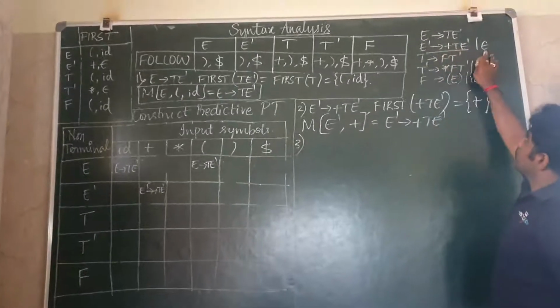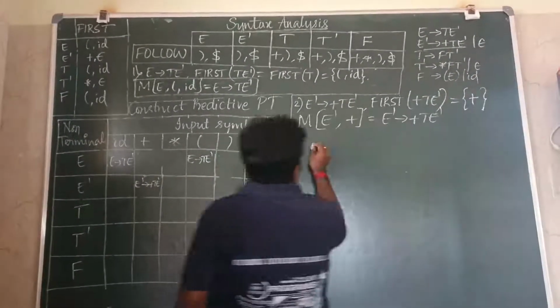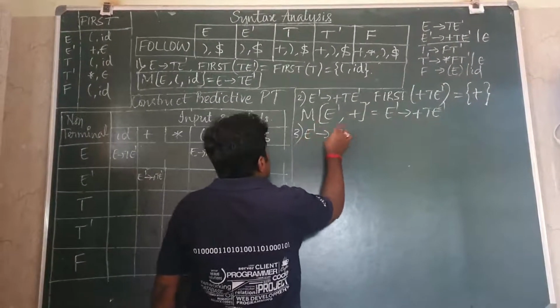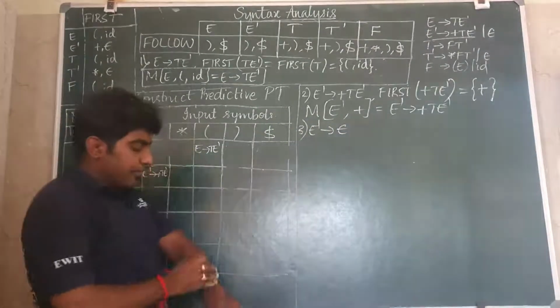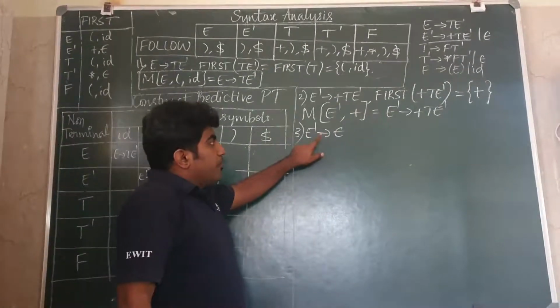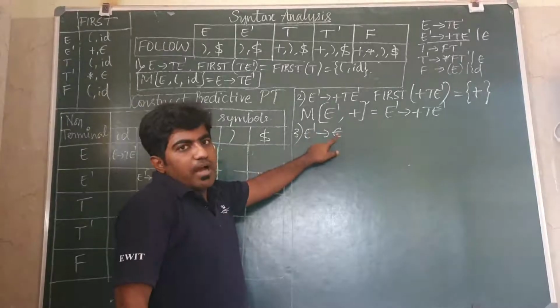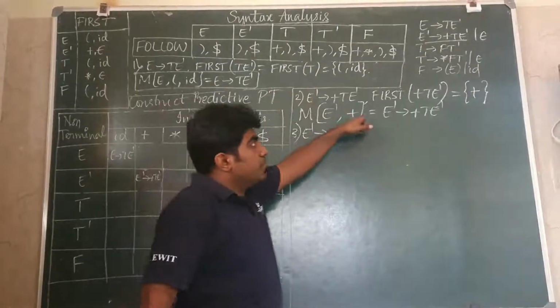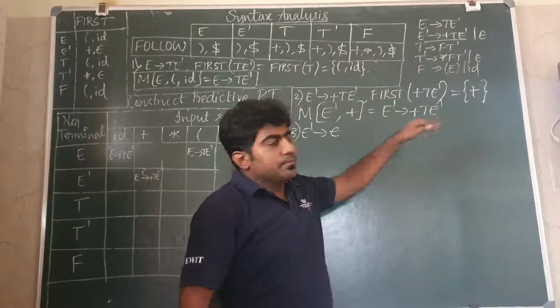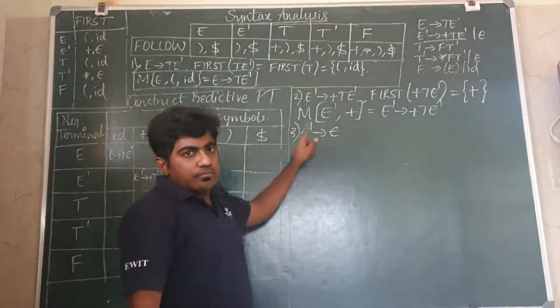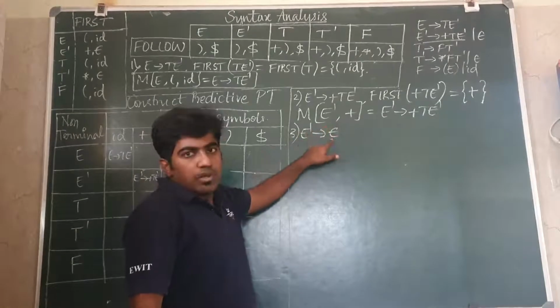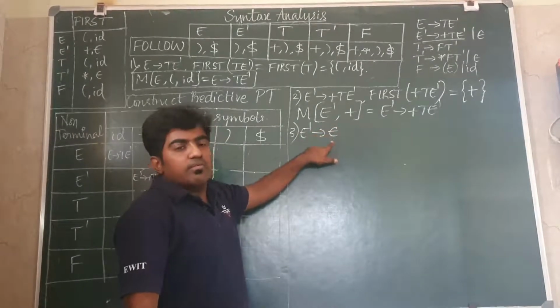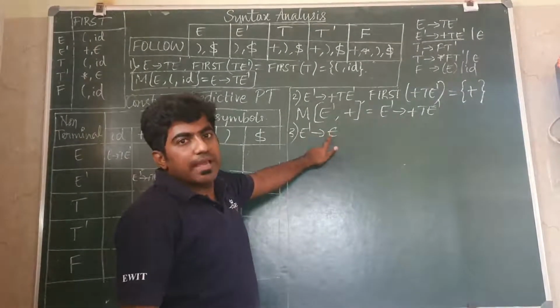Now we have considered the first production, so the next production you have to consider: E dash tends to epsilon. Listen carefully to the algorithm. If on comparing A tends to alpha, alpha is not equal to epsilon, as in the previous two steps, then we compute first of that alpha. Now alpha is equal to epsilon. When alpha is equal to epsilon, we should not calculate first of epsilon.